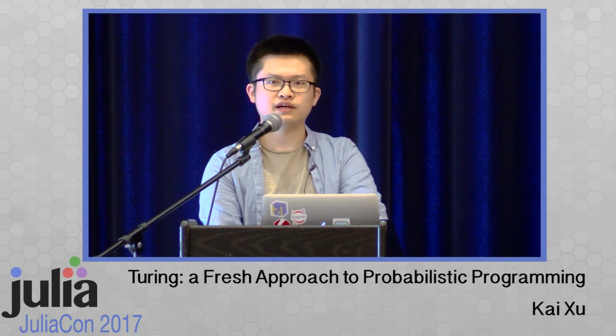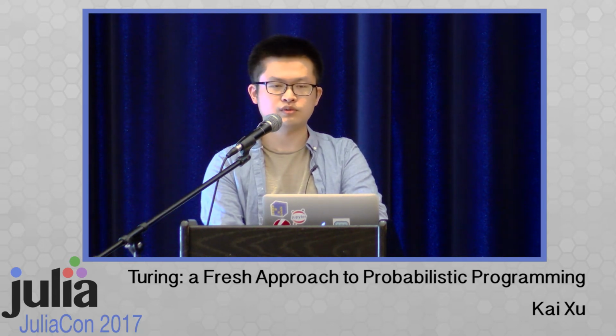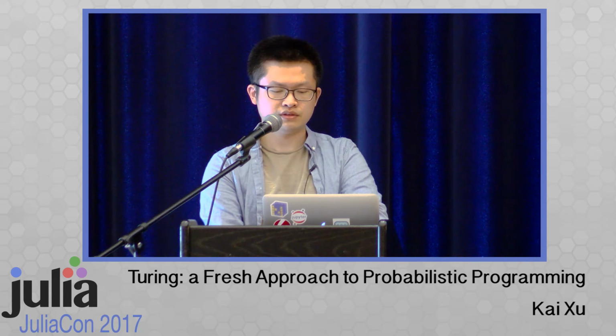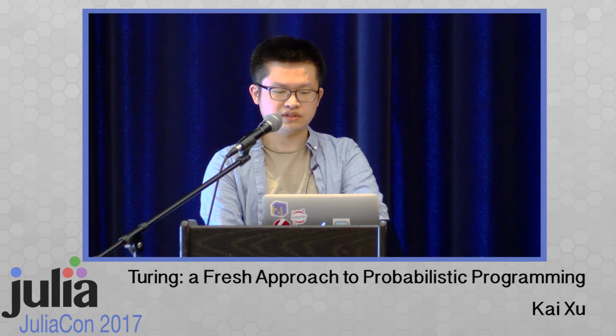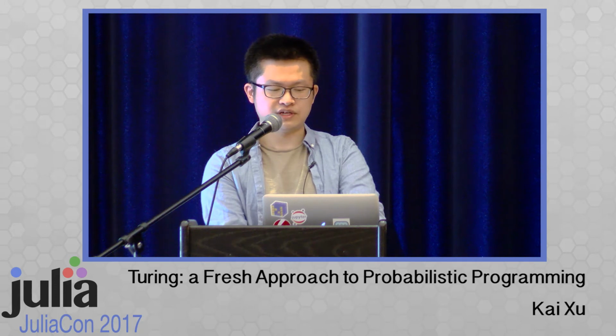Once the inference is done, as I mentioned before, we can use the describe function to check the statistics of the returned MCMC chain. You can see you have the mean or standard deviation of samples. This is kind of boring, so I'm going to visualize this result.